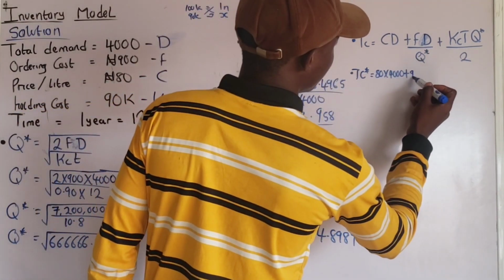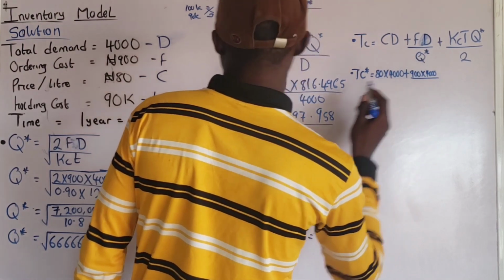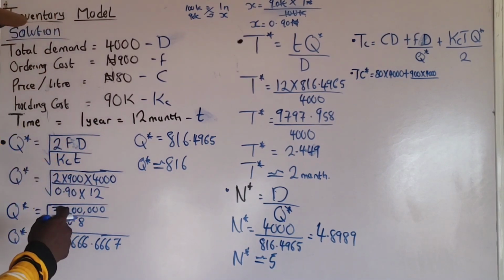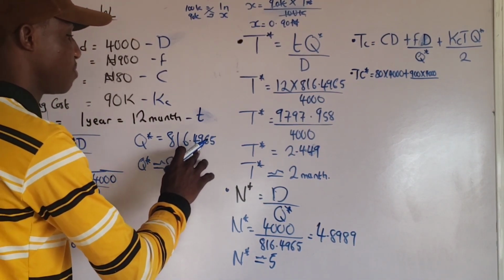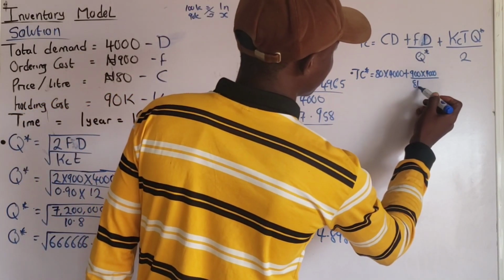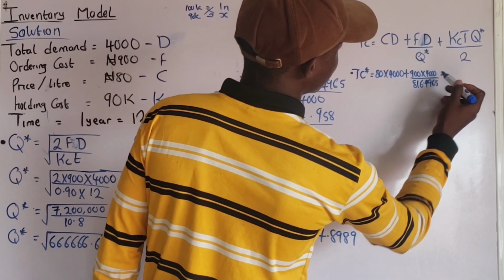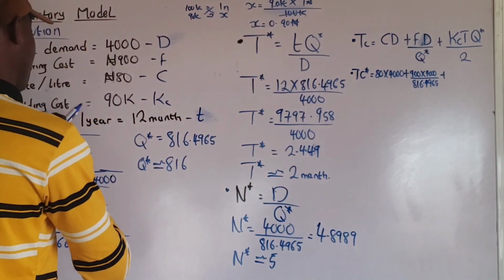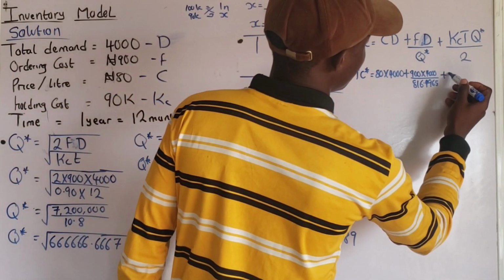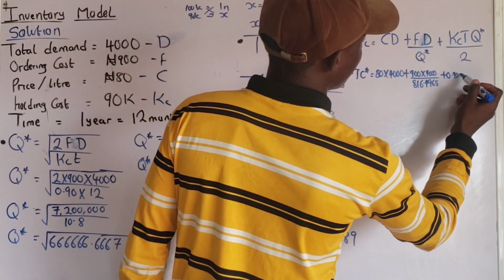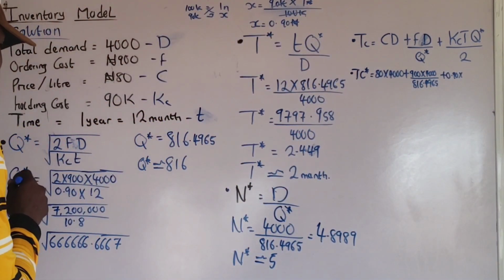So I'm going to have 900 multiplied by 4,000 all over the optimum order that can be placed at a time, that is 816.4965, plus now we have the holding cost, which is 0.90 multiplied by T. The time that we're given is 12.